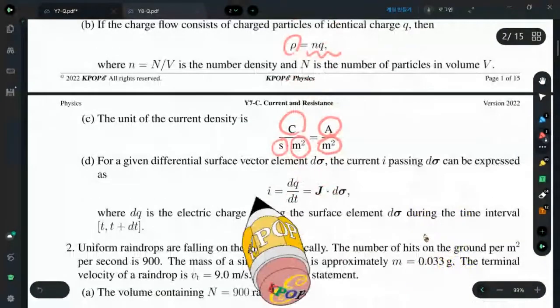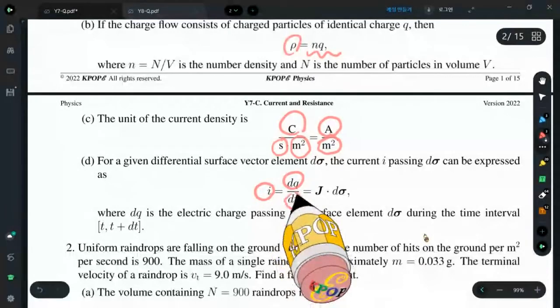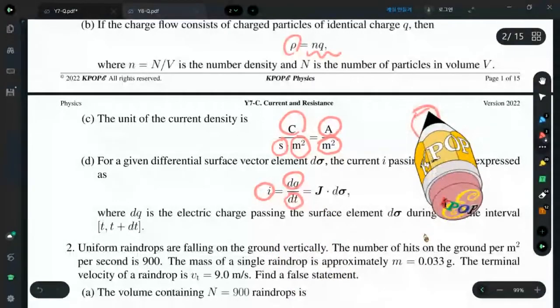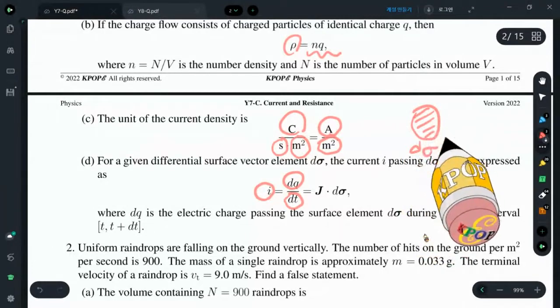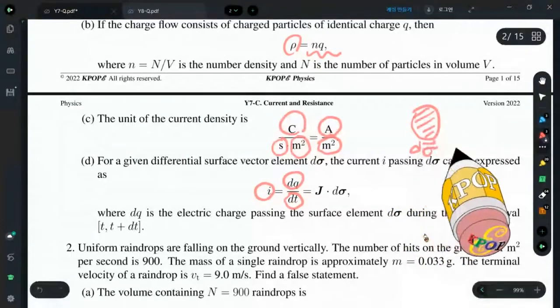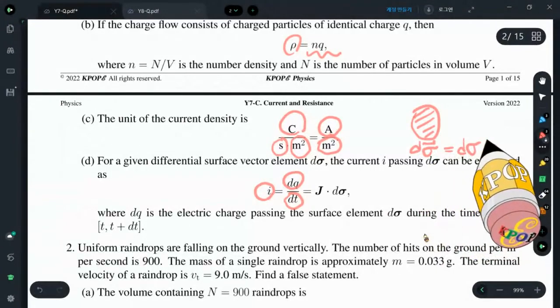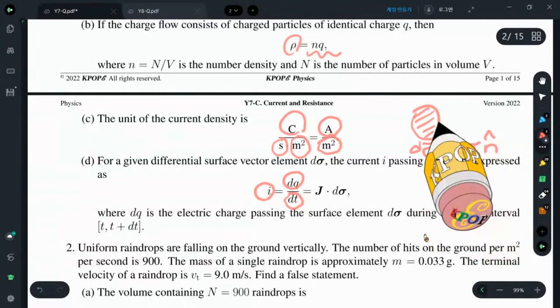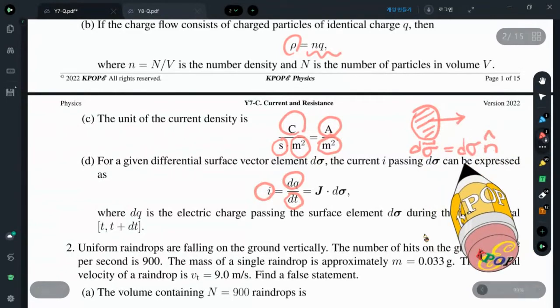So current is the charge per unit time passing through a cross-sectional area d sigma, and d sigma has a magnitude d sigma and the unit vector multiplied to this scalar.